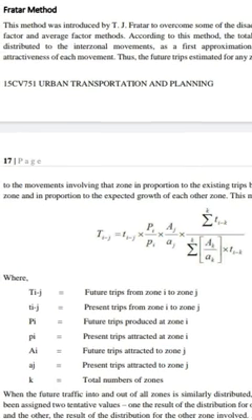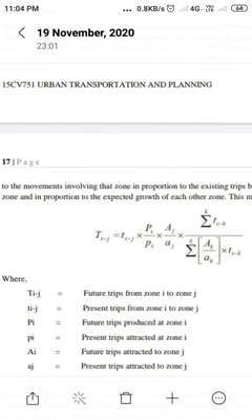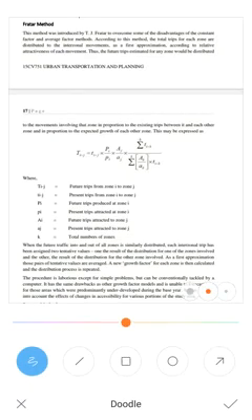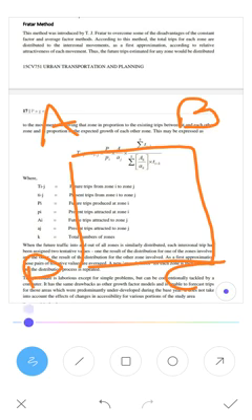So consider the trips are like this: A, B, C and D. This is the diagonal.